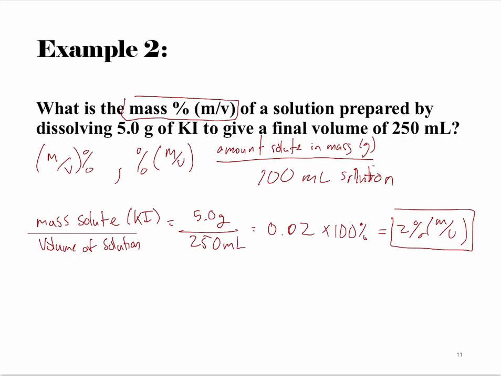And if we think about this, this is just a percentage way of saying what the percentage of mass to volume in the solution is. In this case, the mass is in units of grams. In general, when we're looking at mass to volume, it'll be grams per milliliter.